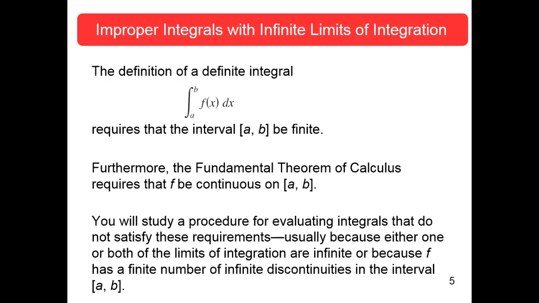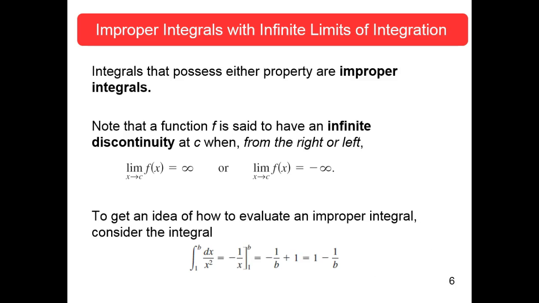In other words, you can't have an infinite number of discontinuities there. But if it has a finite number, you can deal with them. Integrals that possess either property are called improper integrals, improper because of their limits, or improper because of their discontinuities.